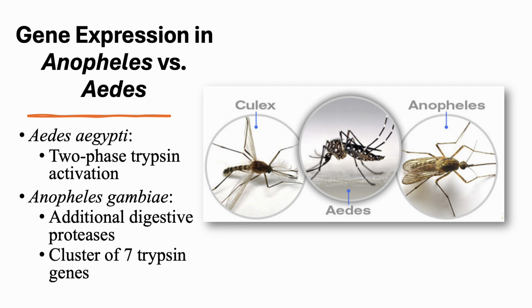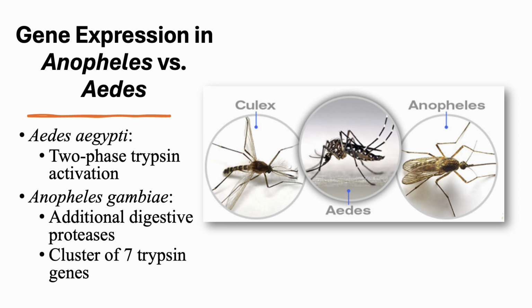In contrast, Anopheles gambiae does have a cluster of about 7 trypsin genes, and they all have different roles. Two of those genes, I believe are ANTRYP1 and ANTRYP2, are specifically activated after a blood meal. And this insinuates that they potentially play a role in digestion. The other 5 genes out of the 7 are always active, so their expression does decrease after a blood meal.